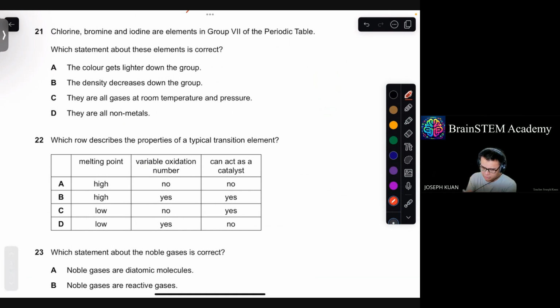Chlorine, bromine, and iodine are elements in group 7 of the periodic table. Which statement about these elements is correct? Similarly, let's draw a line showing these 3 elements. Now, down group 7, the reactivity decreases actually. It's the opposite of group 1 metals.